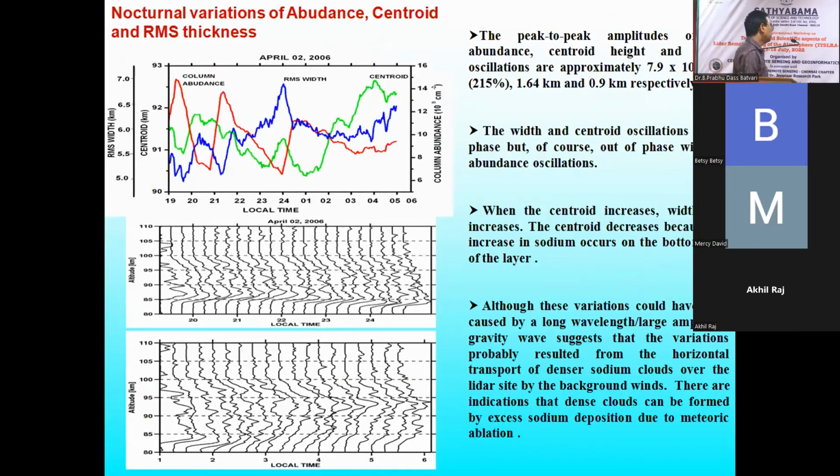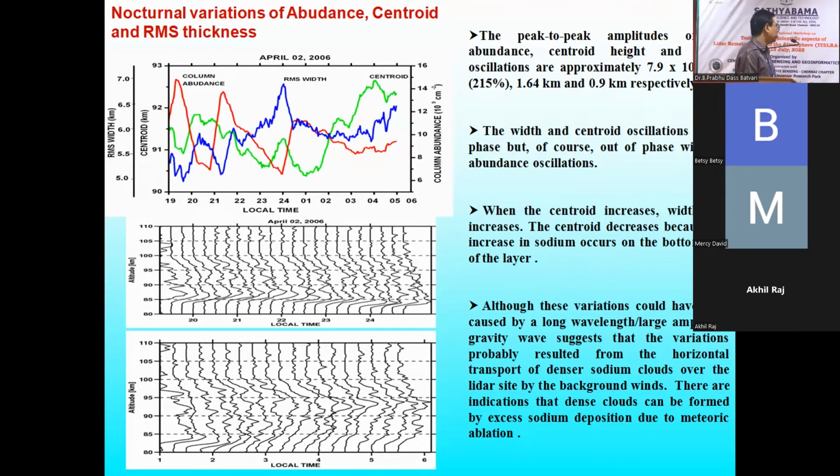And this is the nocturnal variation of the abundance, centroid, and RMS thickness. One can observe clearly here that the centroid and RMS thickness are in phase, whereas the column abundance, that is the layer strength, is out of phase. So whenever the centroid is very low, the abundance should be higher, and vice versa.